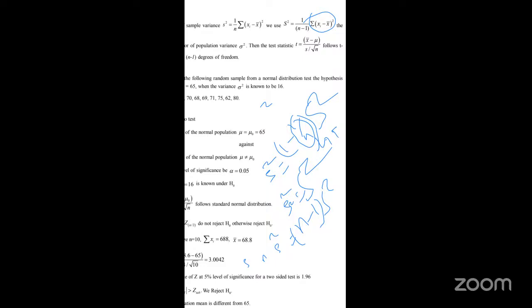So here t equals x bar minus mu by S by root n.